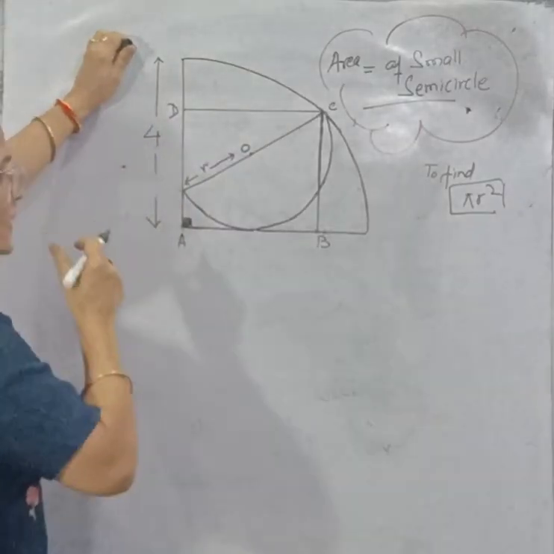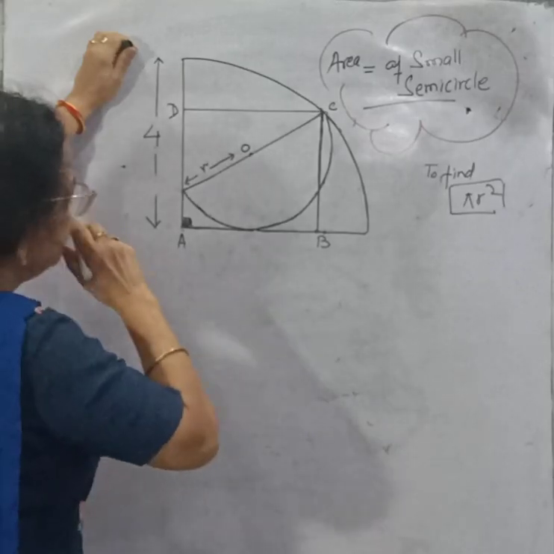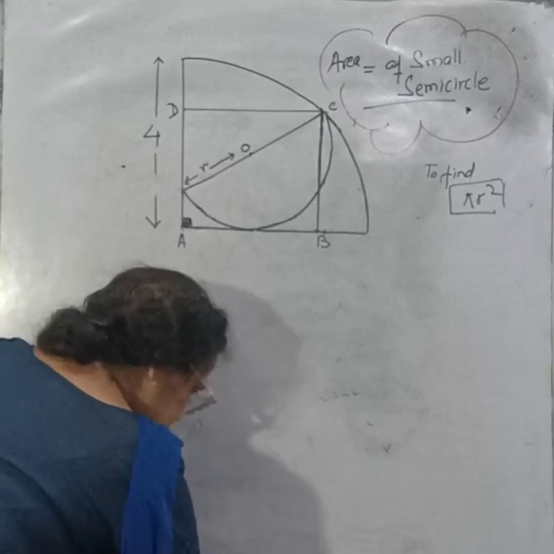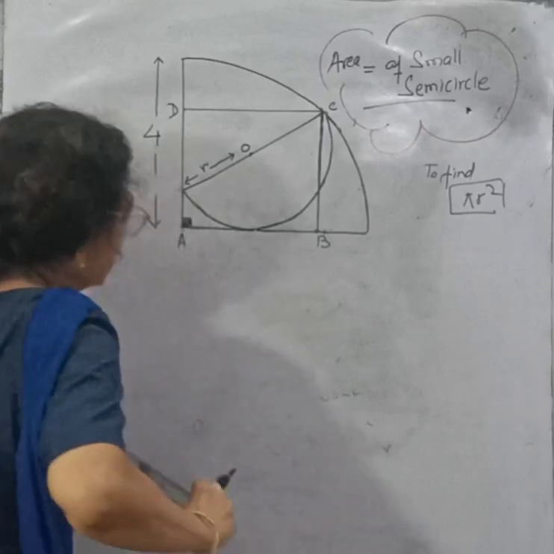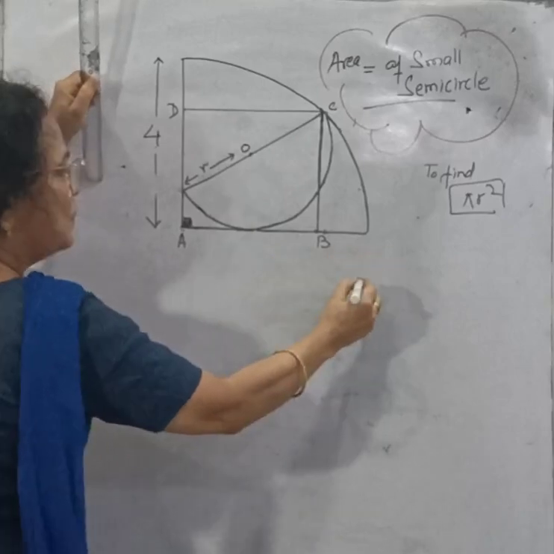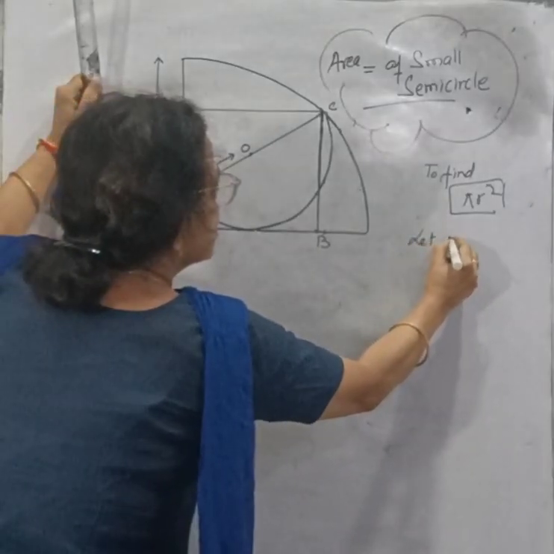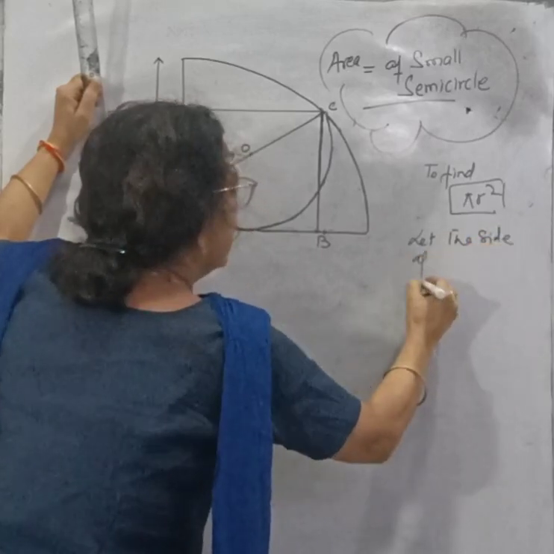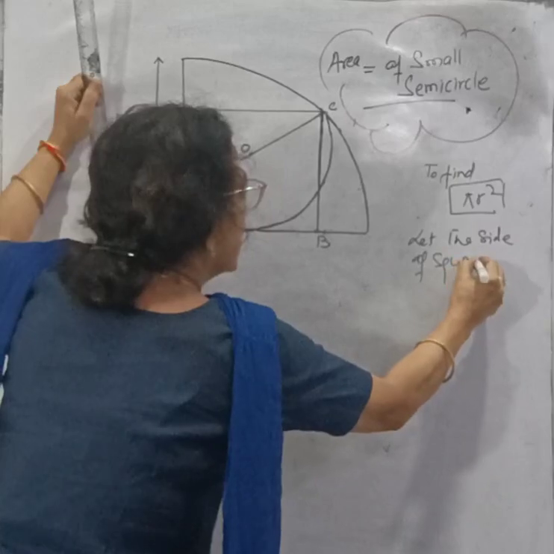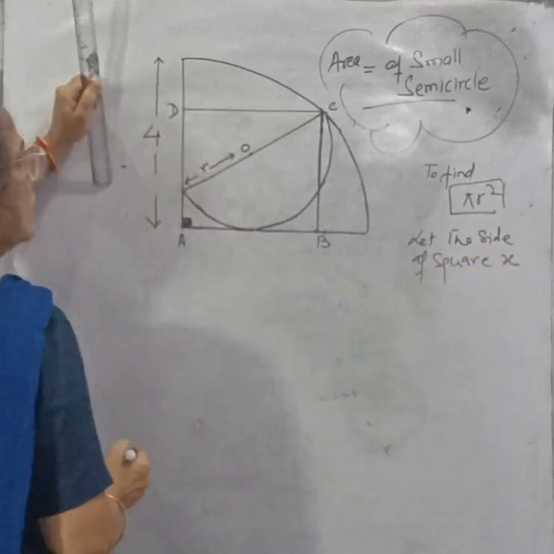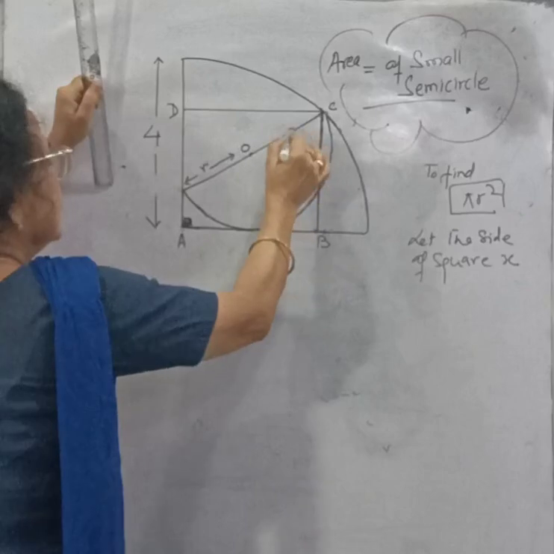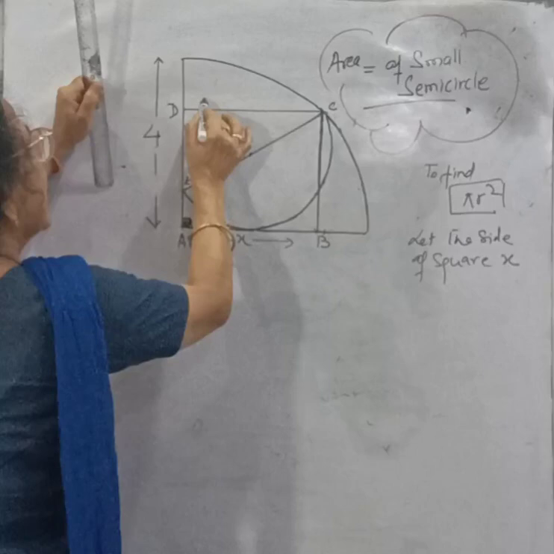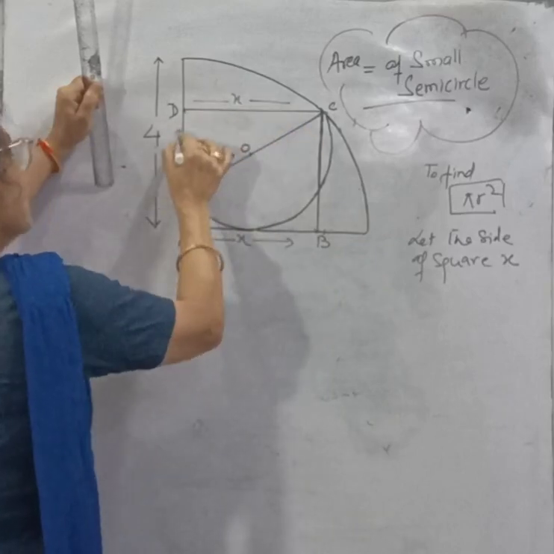Okay, now starting the solution. Because this is a square, let us suppose the side of the square is equal to x. So this is x and this is x, this is also x.